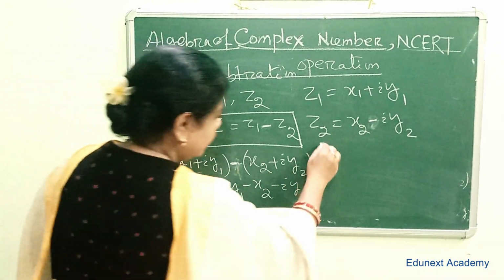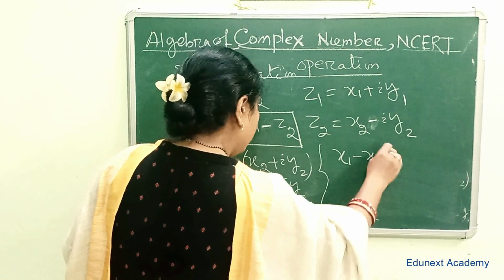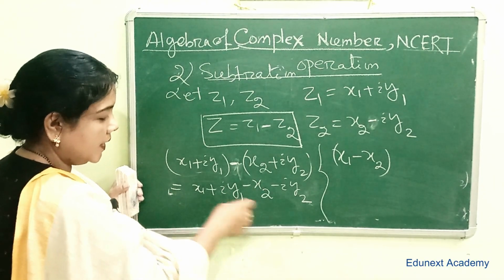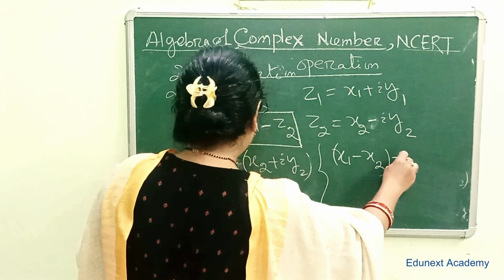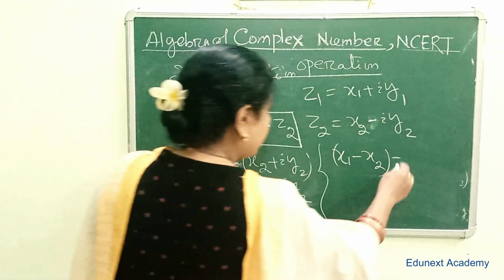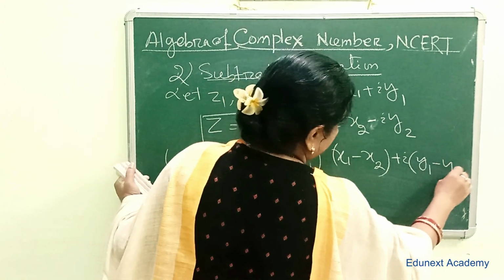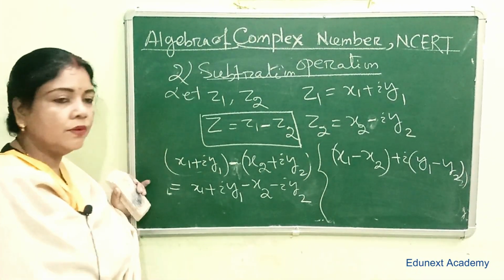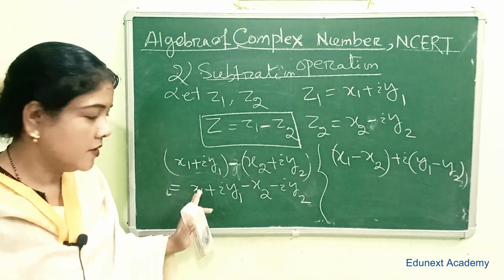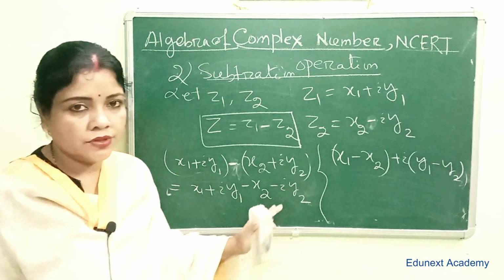Now take the real numbers together, that means x1 minus x2, and for iy1 and iy2, take i outside, so it will be i times y1 minus y2. This is how I can do the subtraction operation. Right? Very simple.